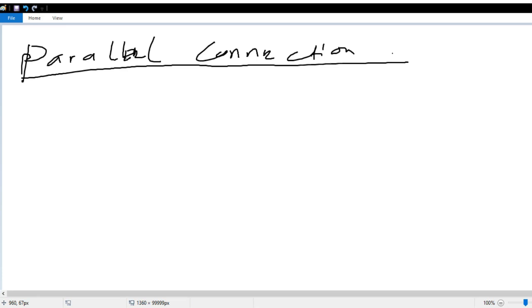So it does not take just one path like we described in a series connection. In series connection, current takes one path, but here it takes more than one path. For example, if we draw two lamps that are connected in parallel connection, they will appear in this form.